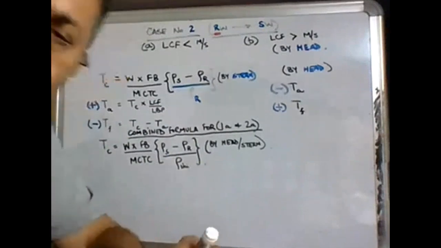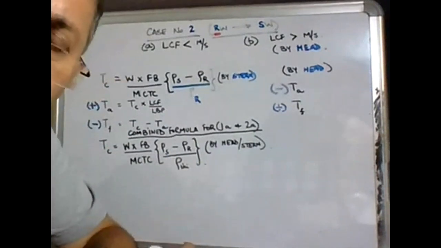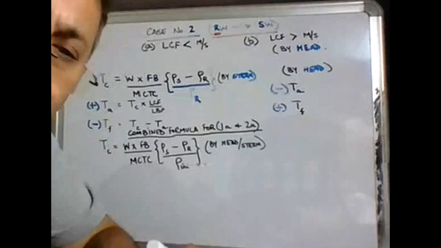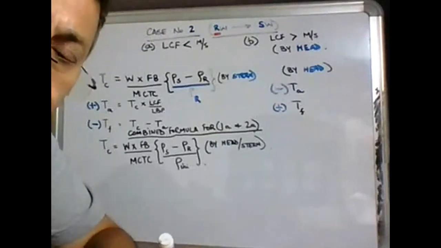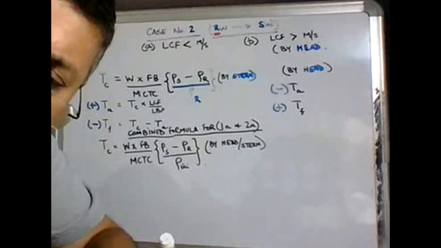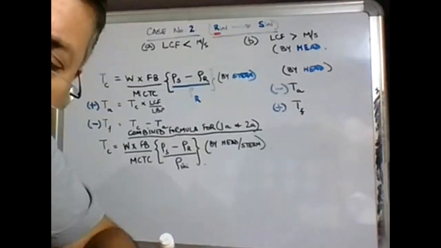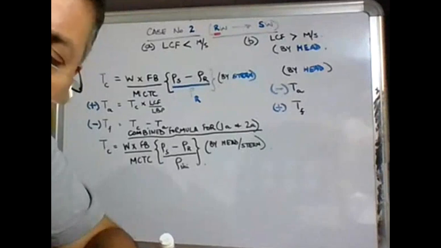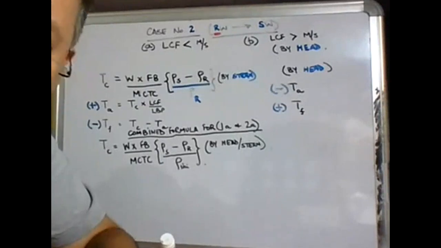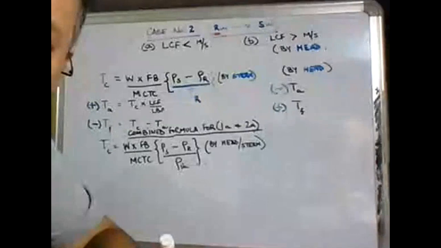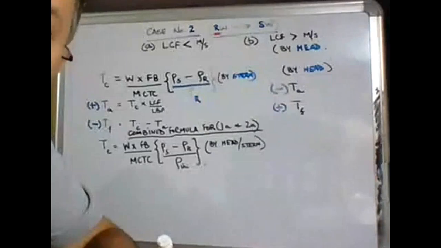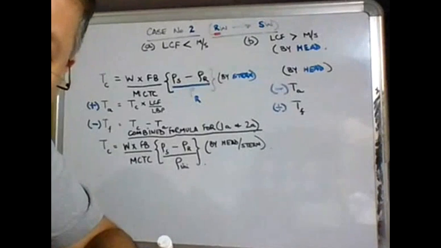So now, if I give you a question where you are going from a density 1020 to 1022, which case will you follow? 2A. बिल्कुल ठीक.